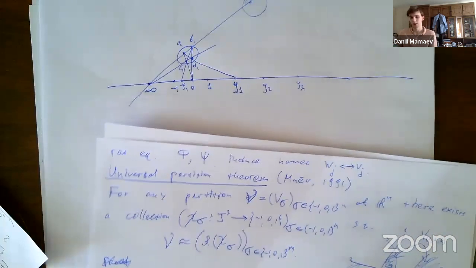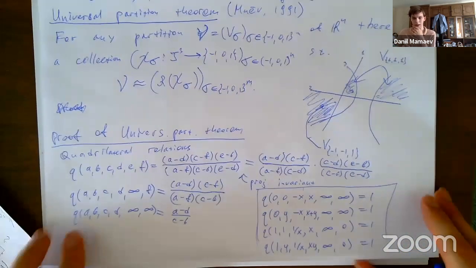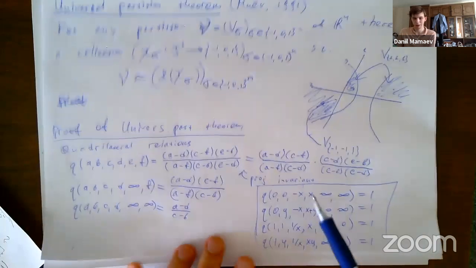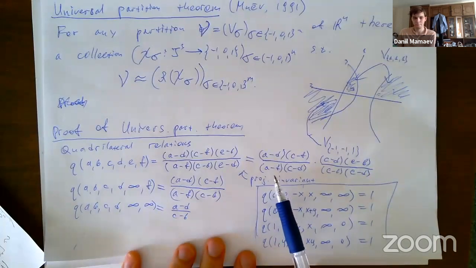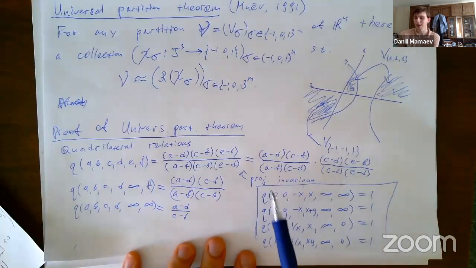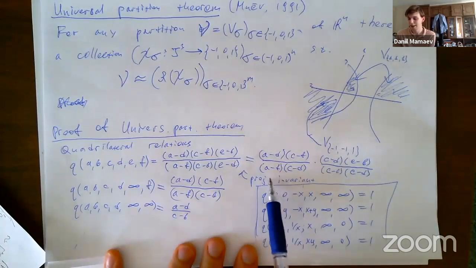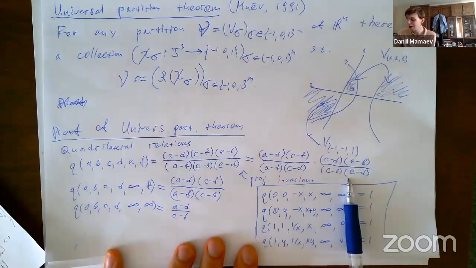Okay, so probably I can answer the question in this fashion. Yes, every quadrilateral relation, as I wrote, is just a product of 2 cross ratios.